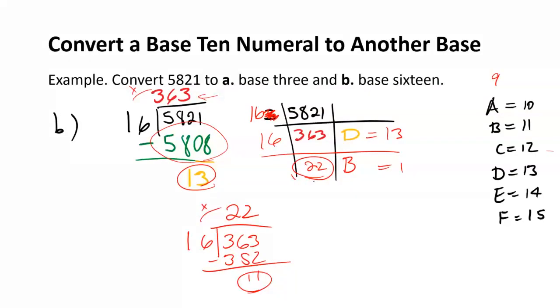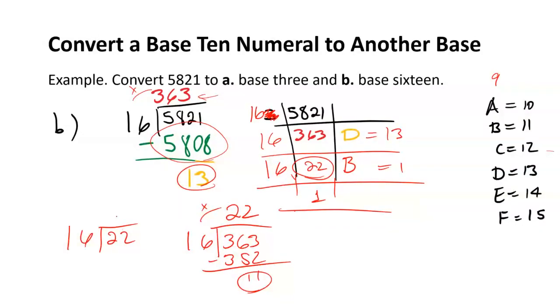Actually, there's only one more, huh? Divide by 16. Well, that only fits once. And then that's it, because I do need to find the remainder. So 22 divided by 16, it's 1, so 22 minus 16 would be 6. So I have a remainder of 6.